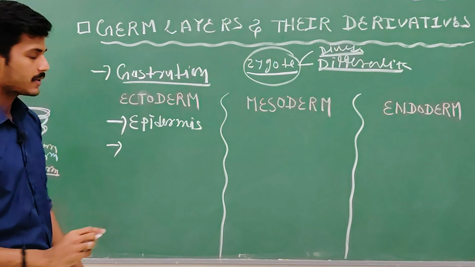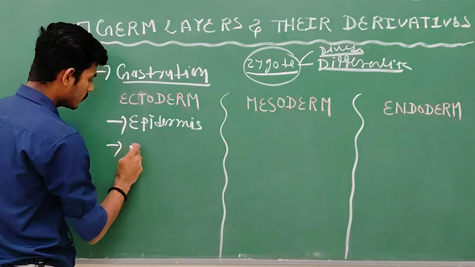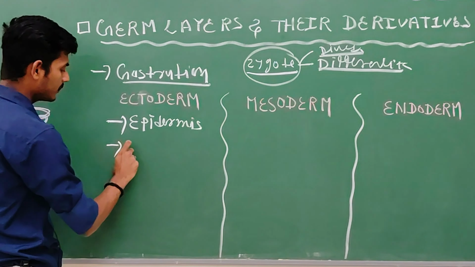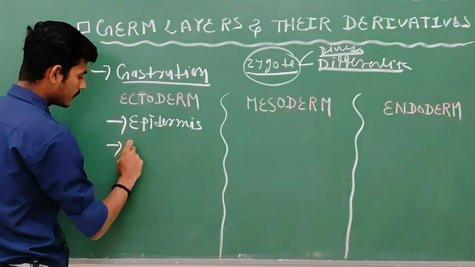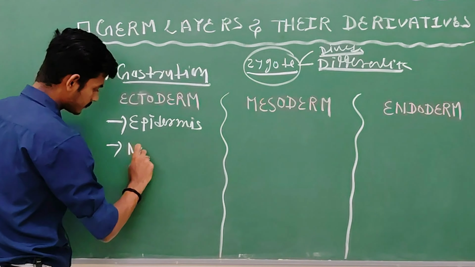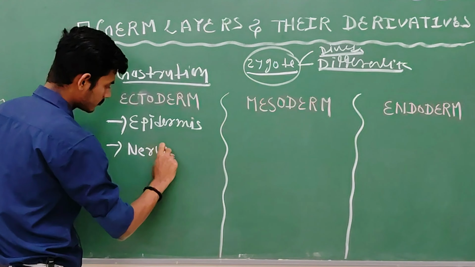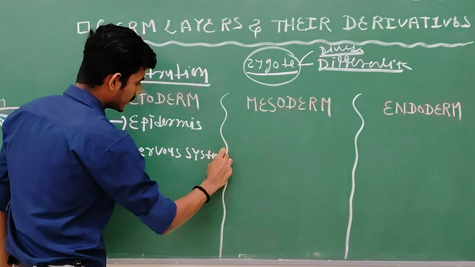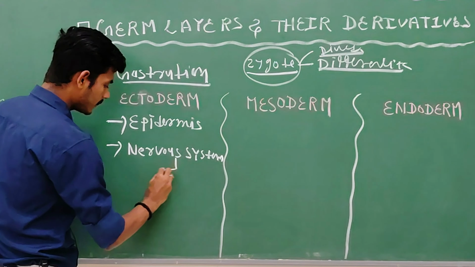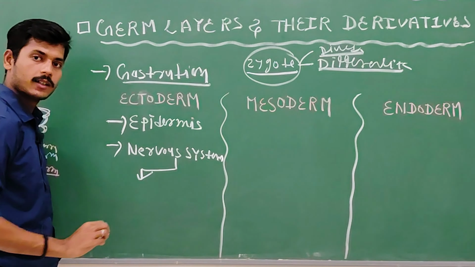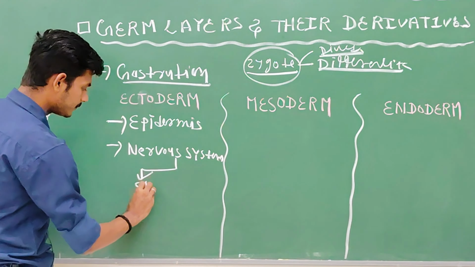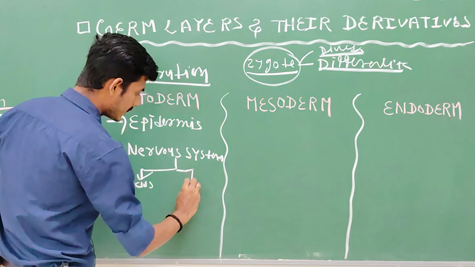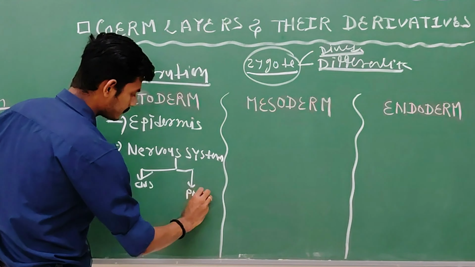Not only the epidermis, but also the nervous system is derived from the ectoderm: both the central nervous system and the peripheral nervous system.